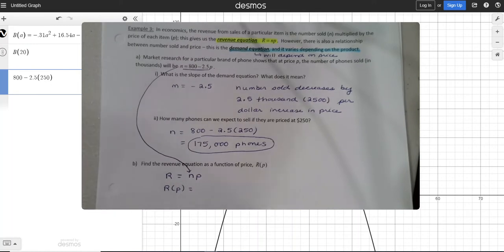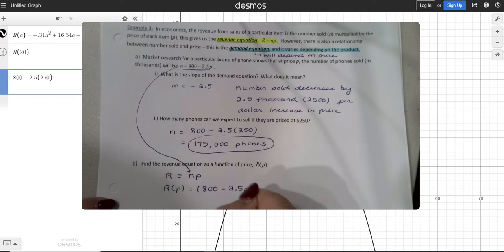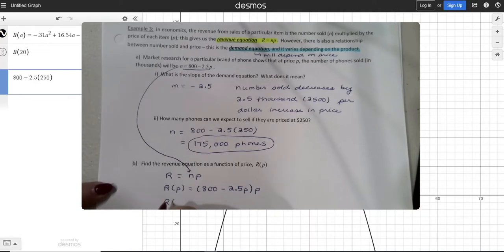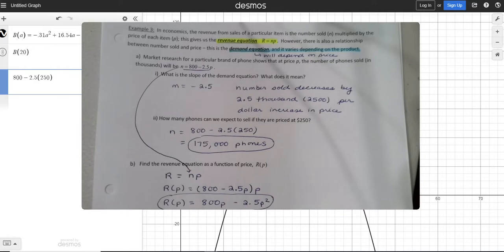So I'll replace the n with 800 minus 2.5P multiplied by that P right there. And I could multiply that out. I would have 800P minus 2.5P squared. And notice now the only input variable is P, so this is truly the function R of P.